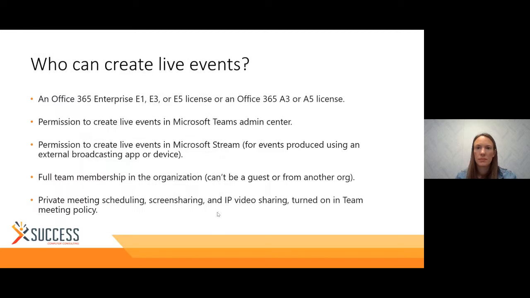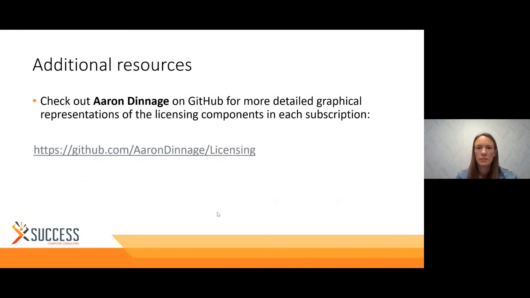Cool. So I think before we leave it, we want to leave with a couple additional resources. So you get all these slide decks and stuff, but there's this really cool cat from Australia, Aaron Dinage, and he's another Microsoft MVP. He has some excellent licensing graphics out on GitHub, and so there'll be a link to that included. And I'll just show you a little teaser here of what that's like.